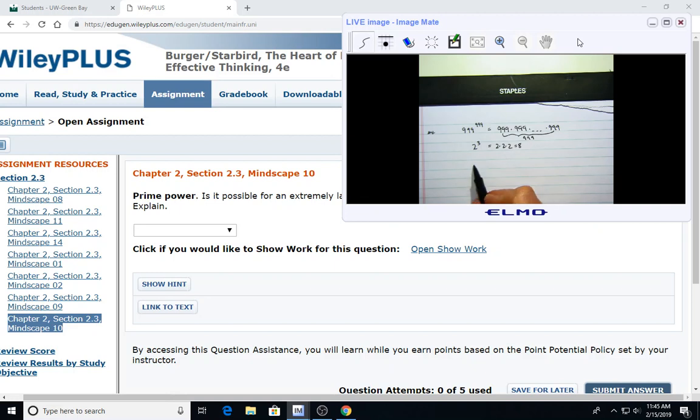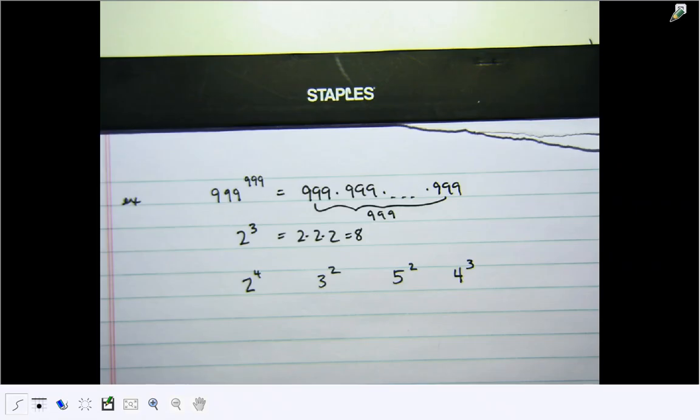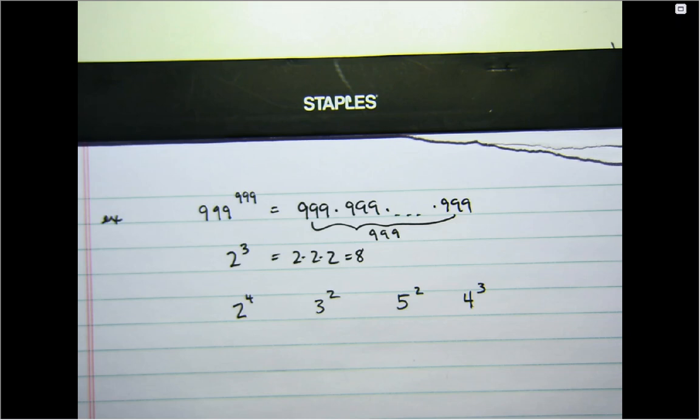Is any number to an exponent prime? So here's some smaller numbers to exponents. Are any of those prime? A prime number can't be factored, right? The only way to write it as a product is a product of 1 times itself.